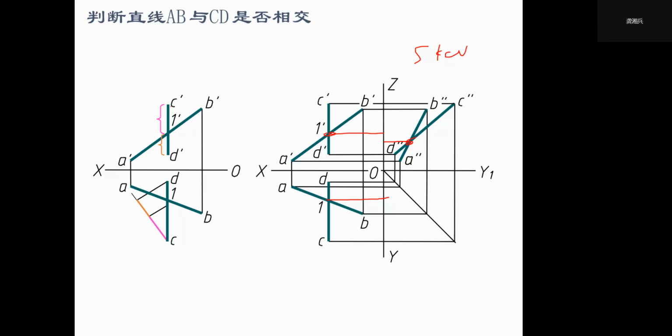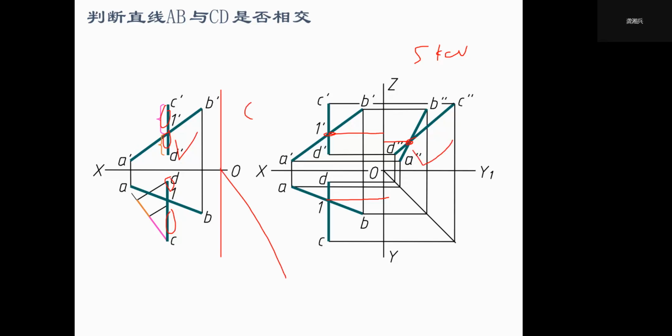Just like here, if point one belongs to CD, point one should make these two parts have the same ratio as this part and this part. You can see from this picture they are not the same. You can use this one very quickly, but this one is easier to understand. You have your choice. If you find this question, you add your 45 degree helping line.